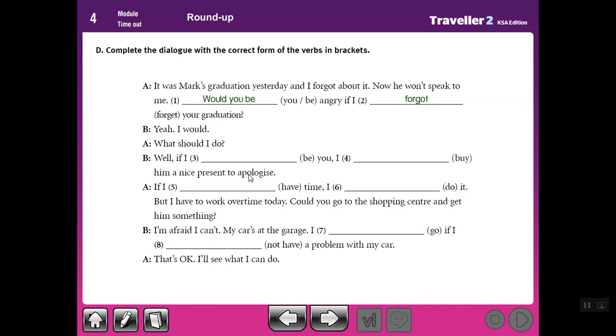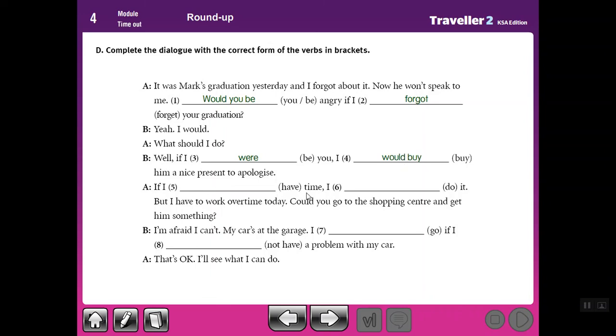Apologize here means to say sorry for something rude, impolite or bad you did. Okay, the past simple of be: if I were you. And as we said, were here is used to give advice. If I were you, I would or could, and buy in the base form. So the answer is buy.